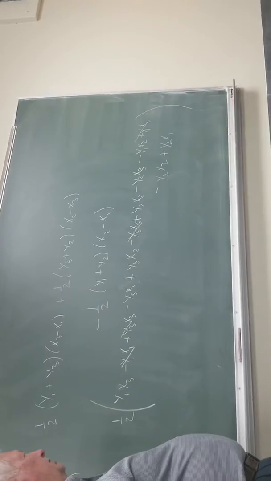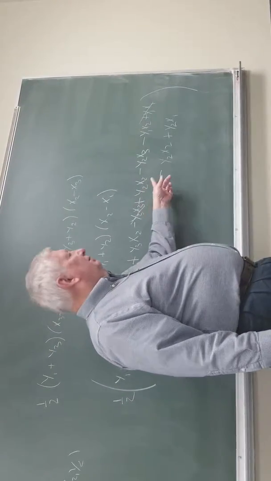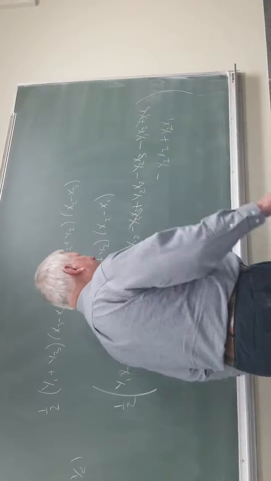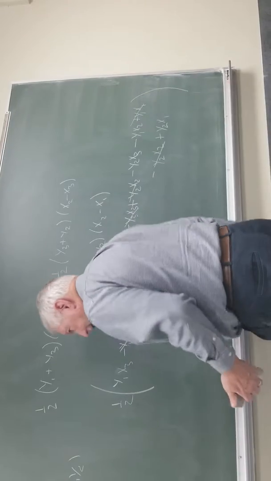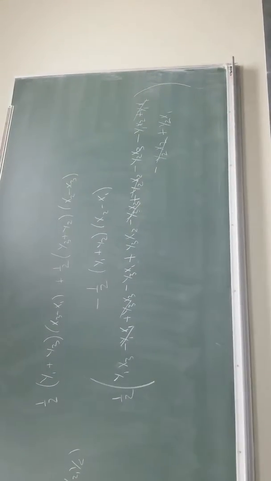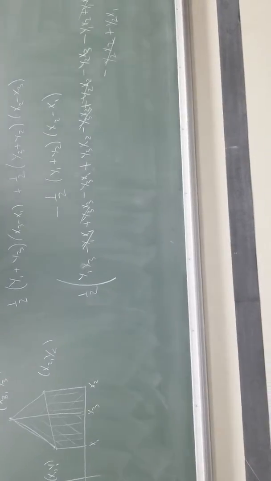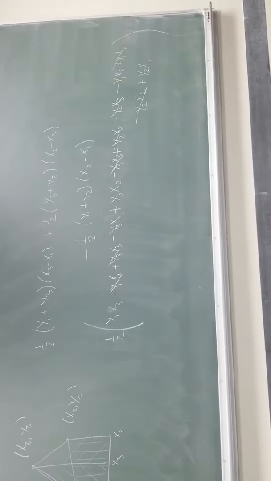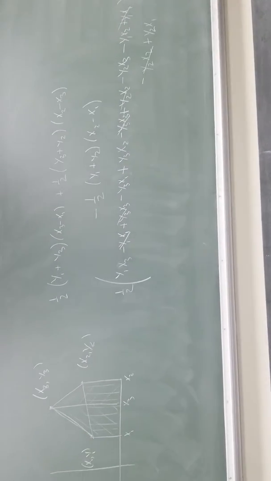Plus Y2 X2 minus Y2 X2. Okay. So I have 1/2 of, and I'm going to change the order I write these. Okay, I won't change the order.